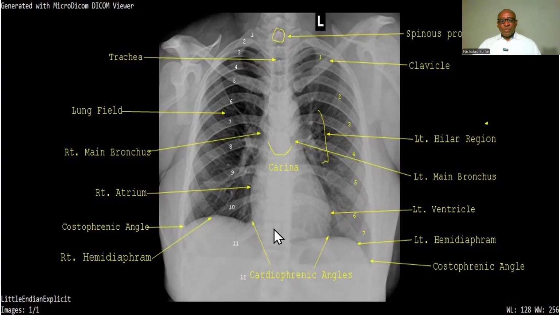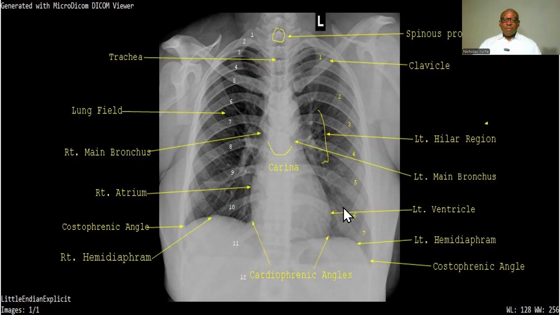More also, we have the cardiac diameter. The size of the cardiac diameter should be less than 50% of the thoracic diameter. Okay, and that is to say that the cardiothoracic ratio should be less than 50%. If it is more than 50%, it's usually classified as cardiomegaly.